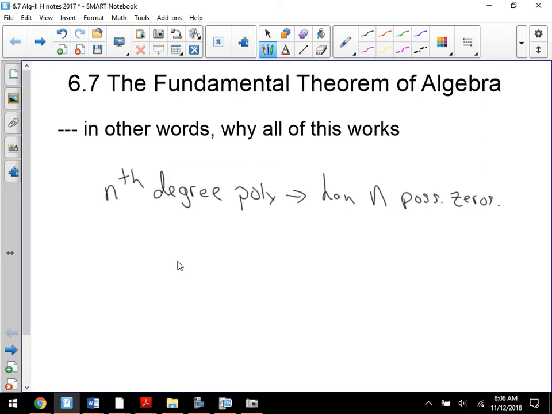No, not at all. So you might have noticed that a lot of times when you had even degree polynomials, they wound up with an imaginary solution set. It happens. When you have an nth degree polynomial, how many changes of direction will it have? N minus 1. You have n minus 1 changes of direction.